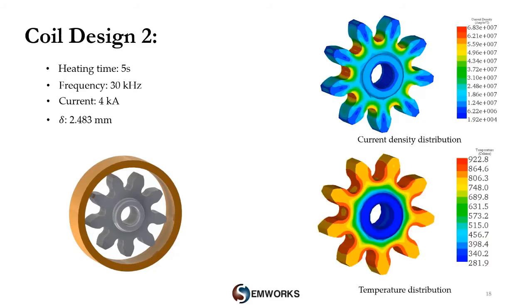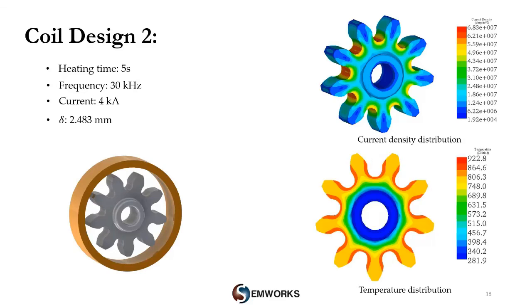It follows the current profile and achieves the required heating rates with an average of 800 degrees Celsius for the desired depth. So this design solved the symmetry issue, even if the maximum, the red zones, doesn't cover all the teeth contour, but this will be improved later when playing with the material properties.